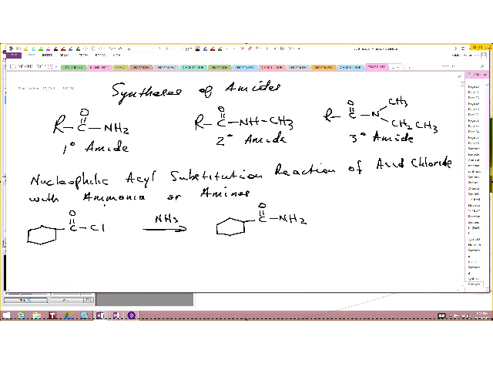So we get ammonia reacting with this acid chloride to get this here.